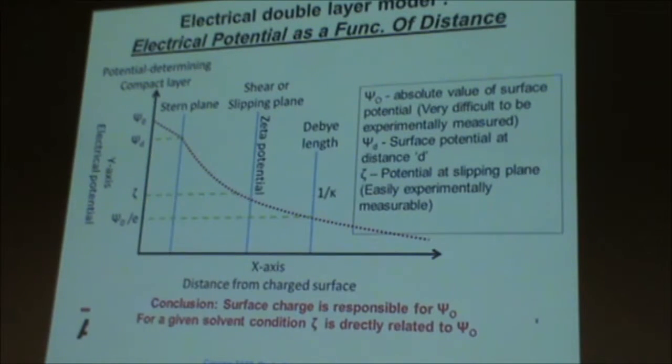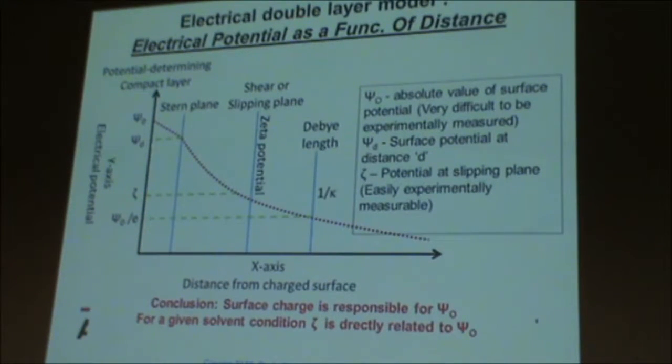There are two important parameters. One is the zeta potential, which is the potential at the slipping plane. The other is a very theoretical concept, the Debye length, which is the distance over which psi naught decays to 1 over e.